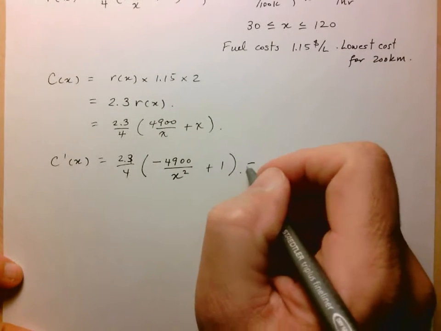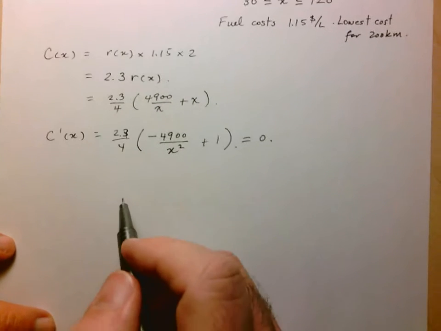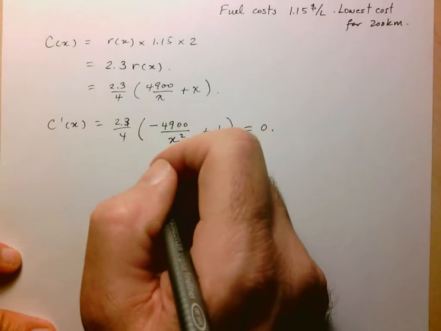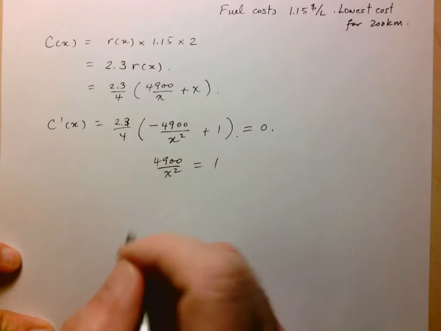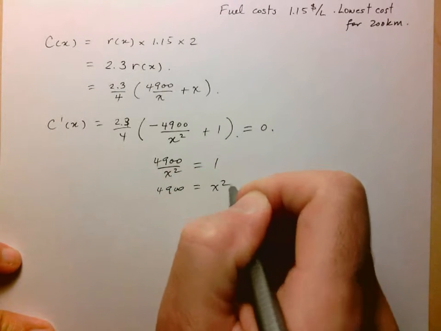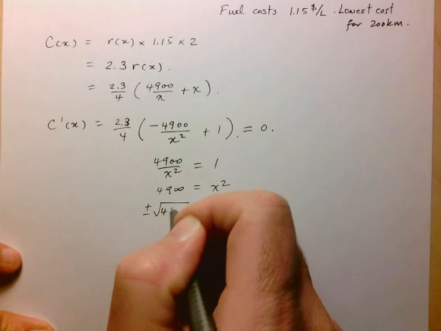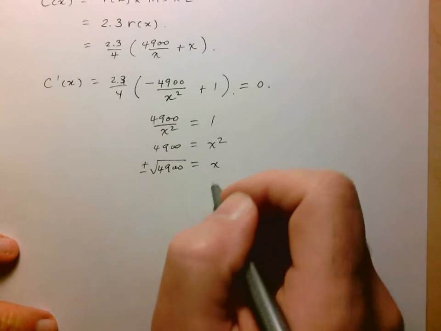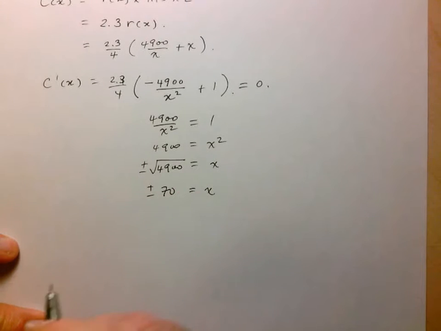We need to solve for when this is equal to 0, so when the bracket is equal to 0. So 4,900 over x squared is equal to 1, and so 4,900 is equal to x squared, and x is equal to plus or minus the square root of 4,900, which happens to be very nice: plus or minus 70.